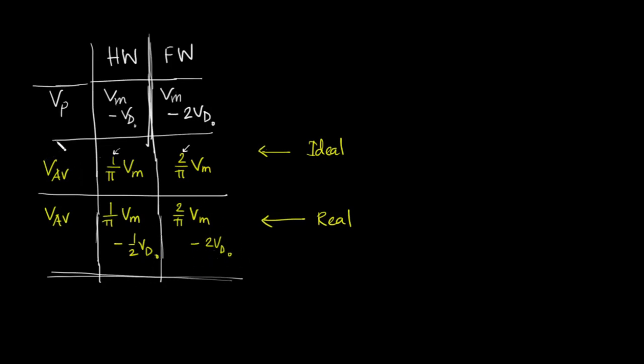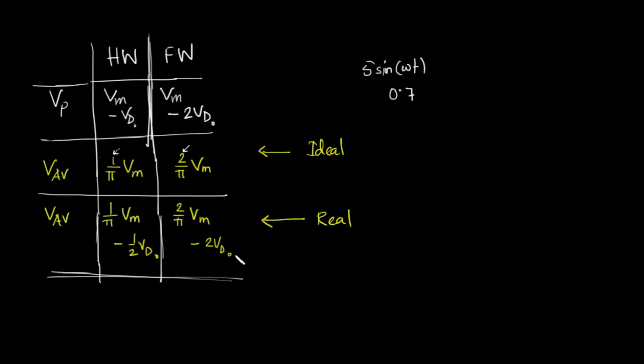In your exam you might be given some voltage, like suppose I have some half wave rectifier or some full wave rectifier, and I am putting some voltage like 5 sine omega t, and the voltage drop of the diode is 0.7. What will be the average value for a full wave rectifier if you are using real diodes?